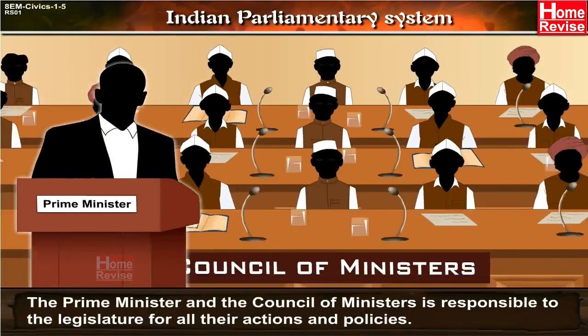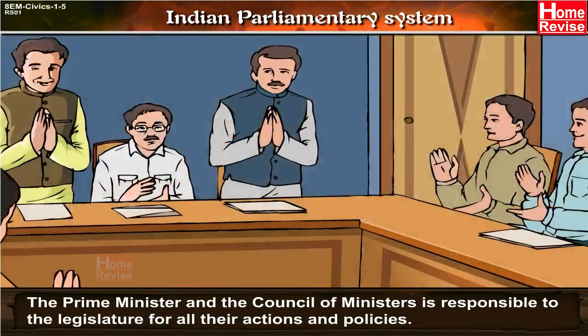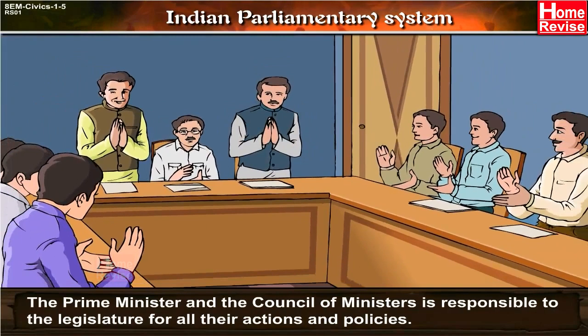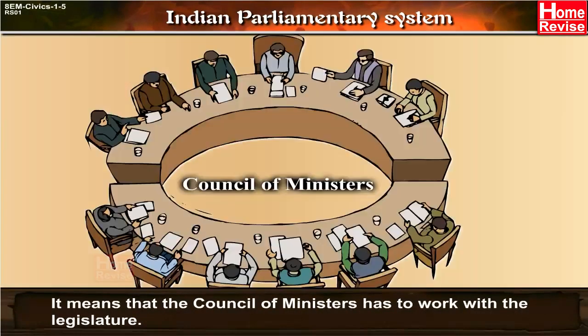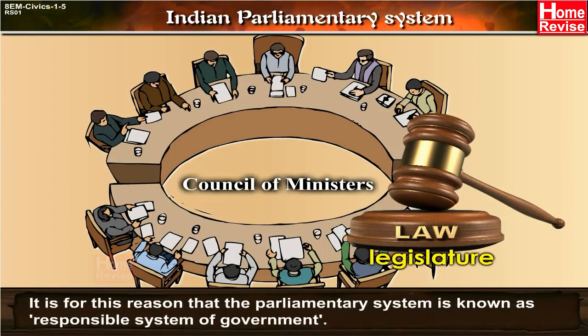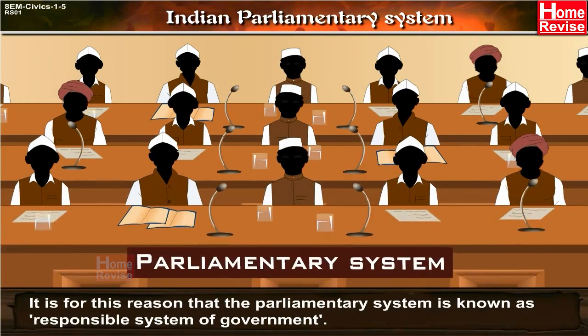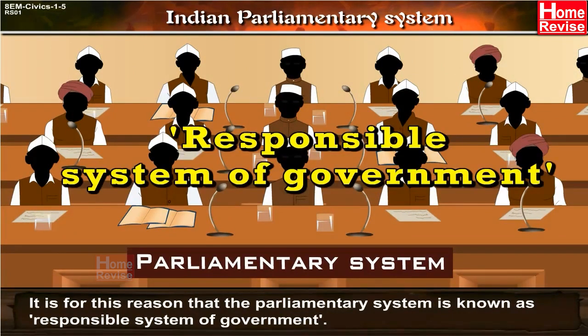The Prime Minister and the Council of Ministers is responsible to the legislature for all their actions and policies. It means that the Council of Ministers has to work with the legislature. It is for this reason that the parliamentary system is known as responsible system of government.